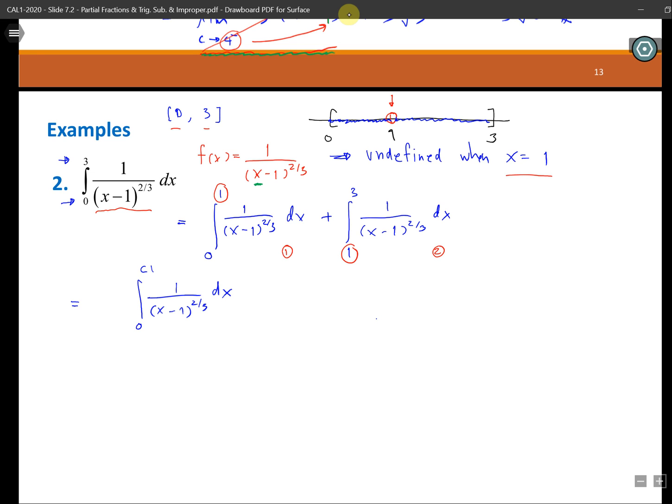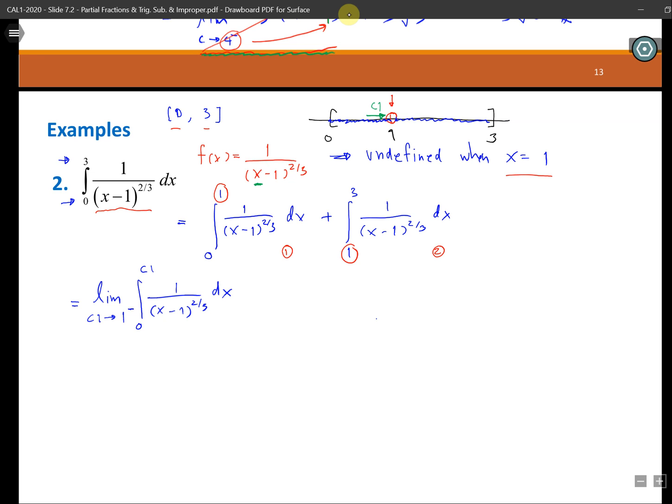And this is not just any C1. It's C1 that's approaching 1 from the left hand side. So we want to approach this point of the problem like that. So C1 is approaching 1 from the left hand side, minus sign.